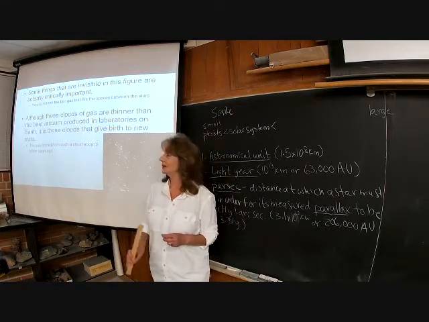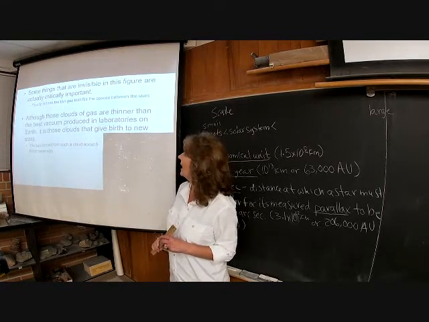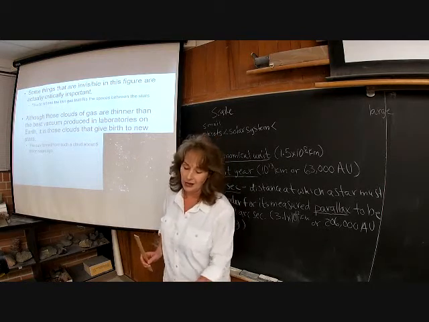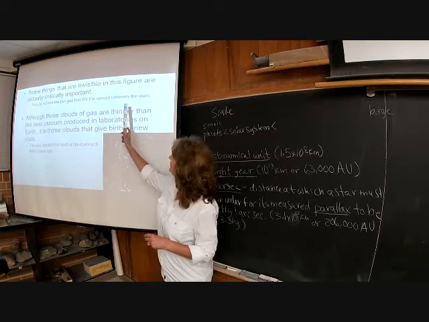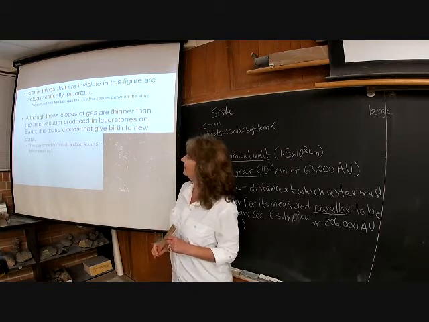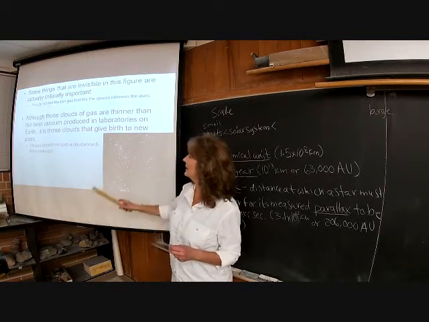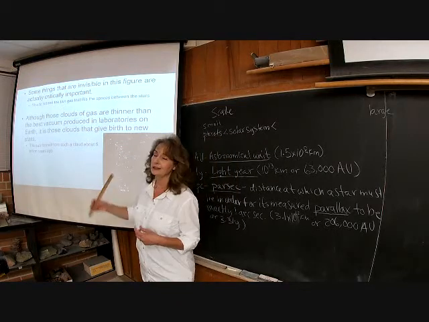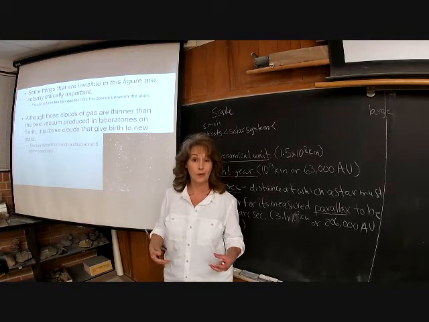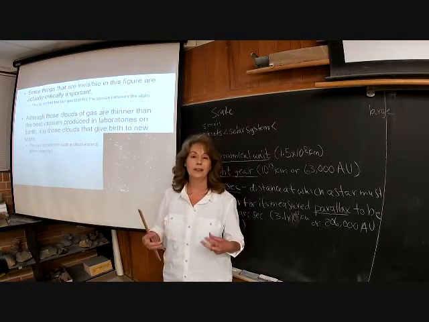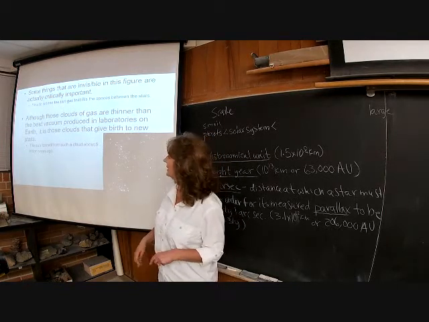Oh, and they mention here the gases and the dust that we don't see in here that fill in between the spaces of the stars. Now, these become very important, these clouds of dust and gas, because this is where new stars are born, out of that thin cloud of dust and gas.